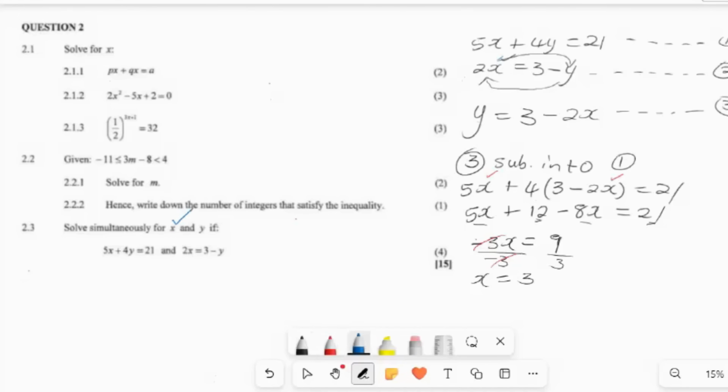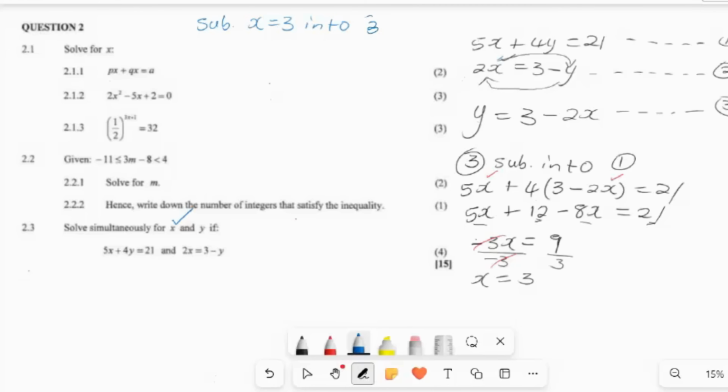How then do we solve for y? We are going to substitute x equals 3 into equation 2, or you can use equation 2 or equation 3.